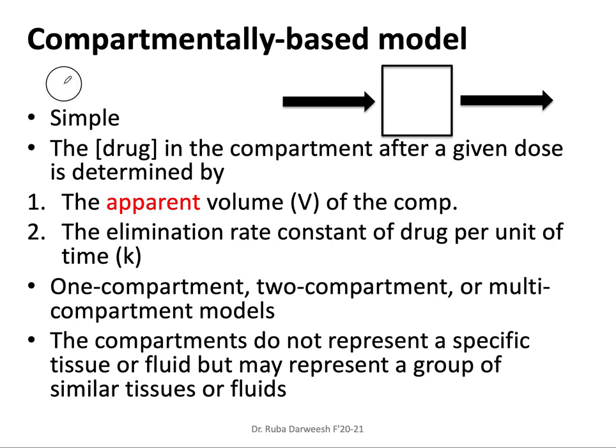And again, we mentioned that it's simple because it's data dependent. Usually we don't have that much of samples that we can have from tissues or organs, and we take certain biological fluid and we do its relationship with time, and we will see this in a minute.